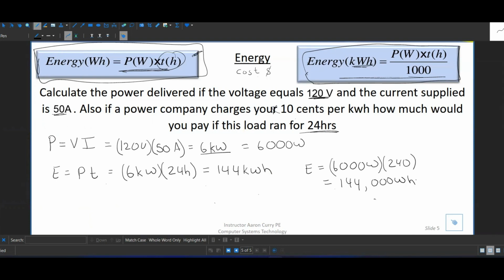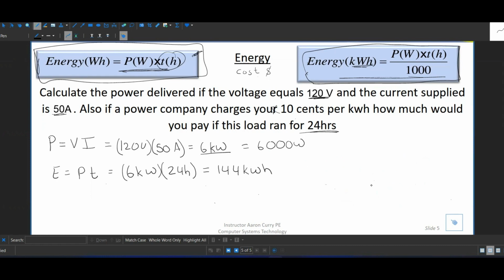At this point, all I would do is just move my decimal place 3 places to the left and convert it to 144 kilowatt hours. All right. So let's move on with this example.